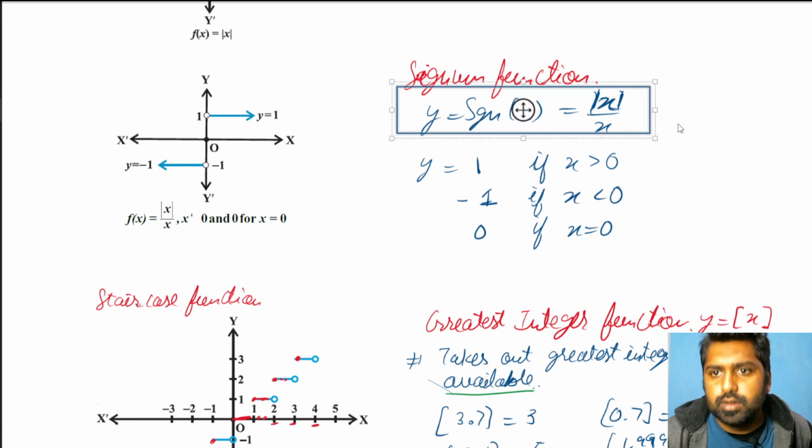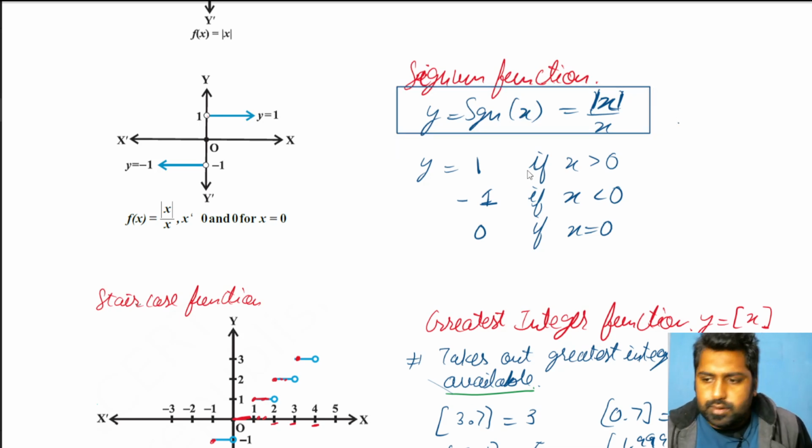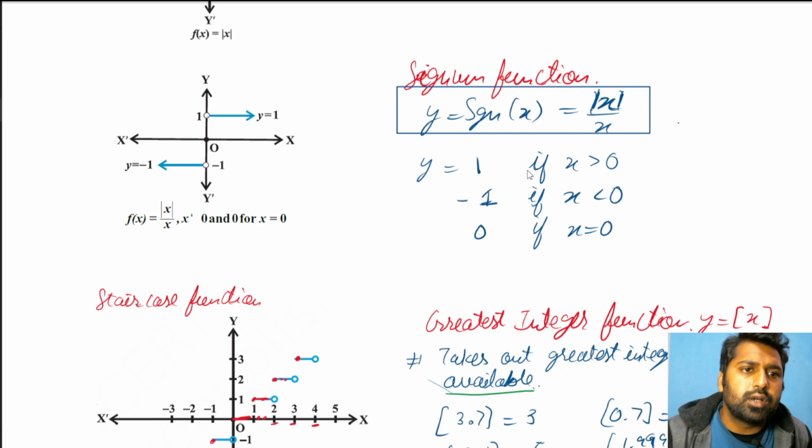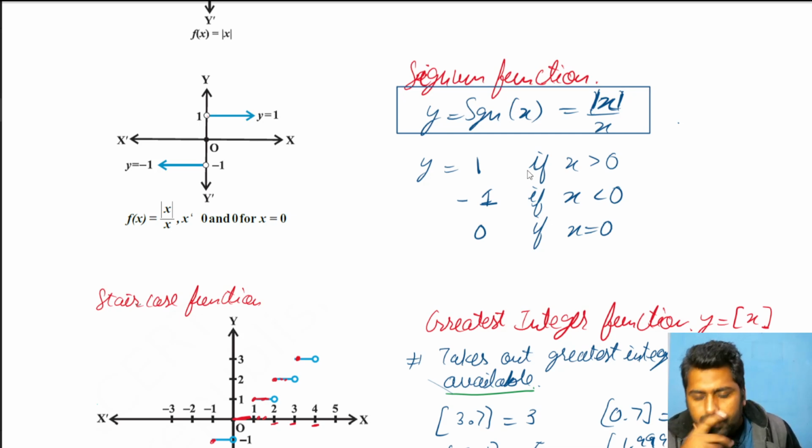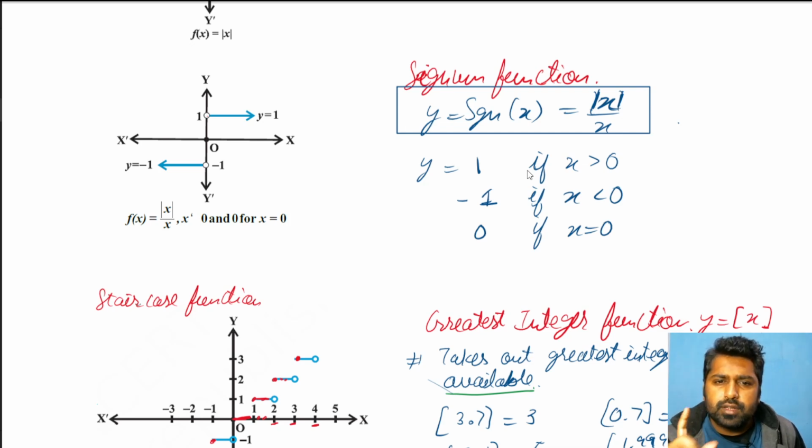All right, fine. That sums up your relation. One small part is still not done here. That is, what if a function is given to you, suppose y is equal to x square staircase function or something like this, and they ask you for the domain of these functions? What about that?